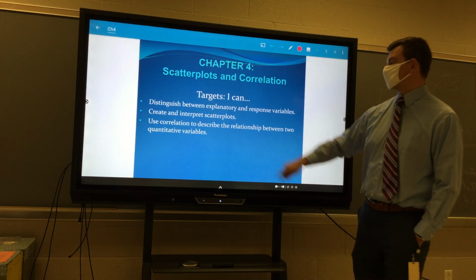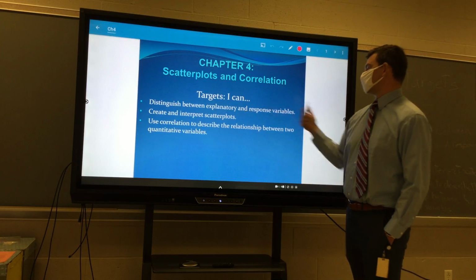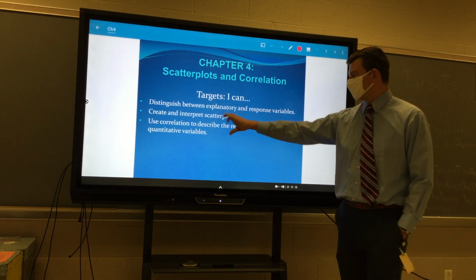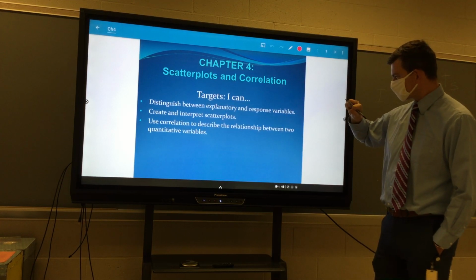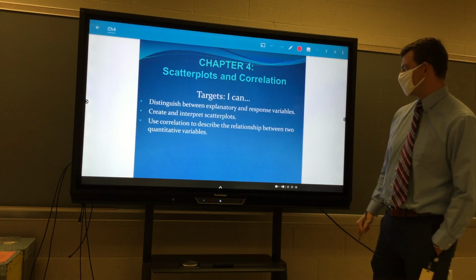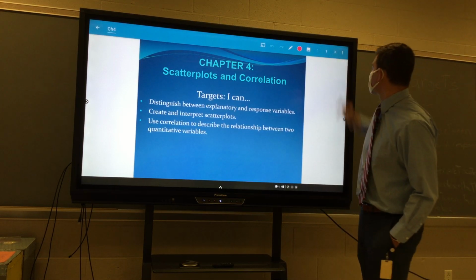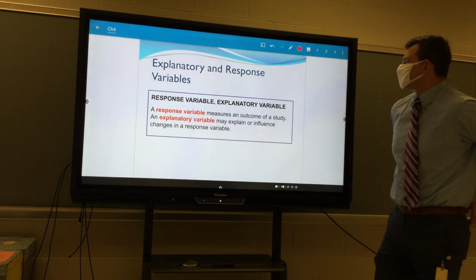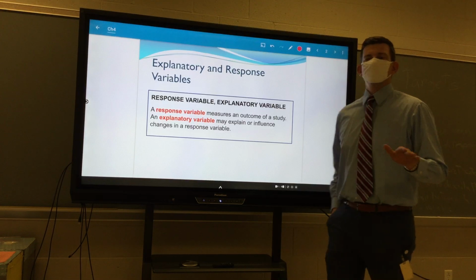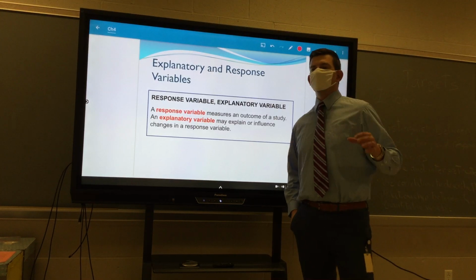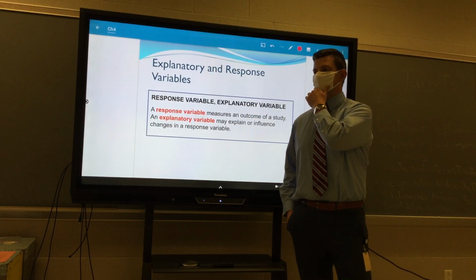Okay, so we've got our targets today: explanatory and response variables, creating and interpreting scatter plots, and using correlation to describe the relationship between two quantitative variables. I think I've already used these words to describe our variables, explanatory and response.